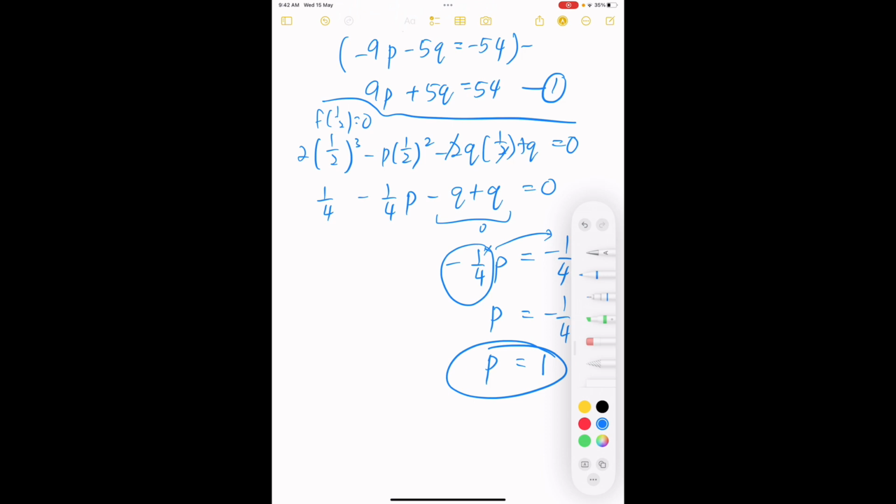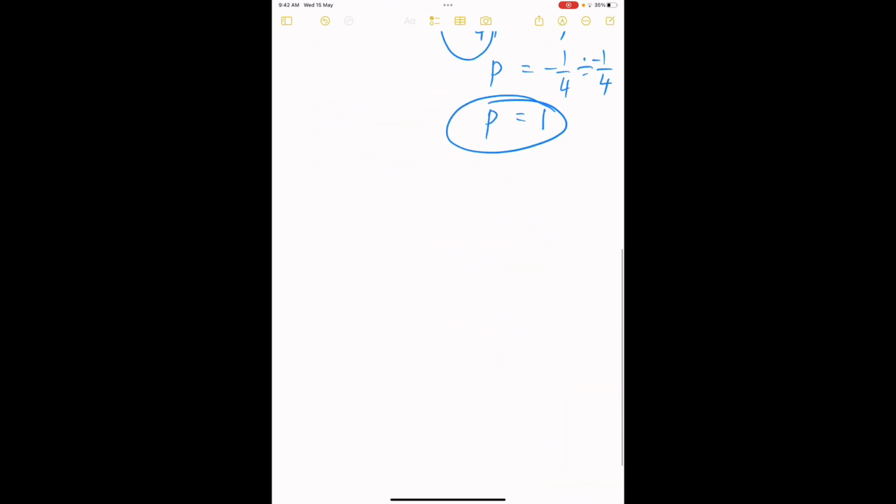The next step is finding q. So you can take either equation 1 or equation 2 to substitute. So p is 1, by taking the first equation, 9p plus 5q equals 54.